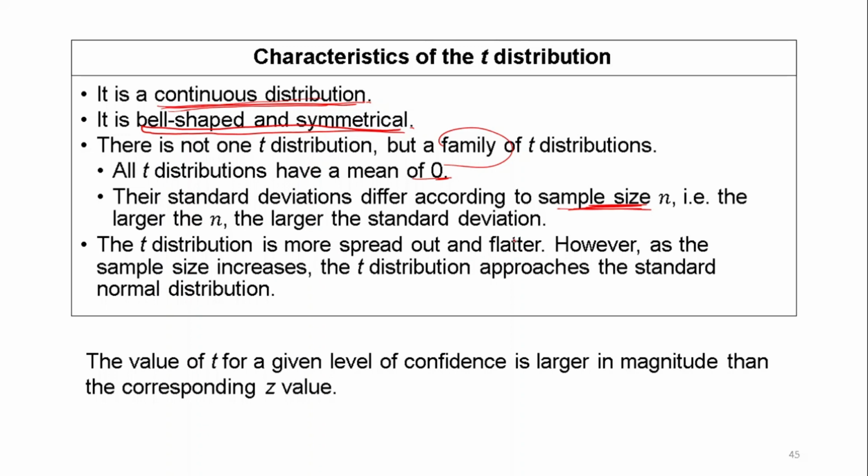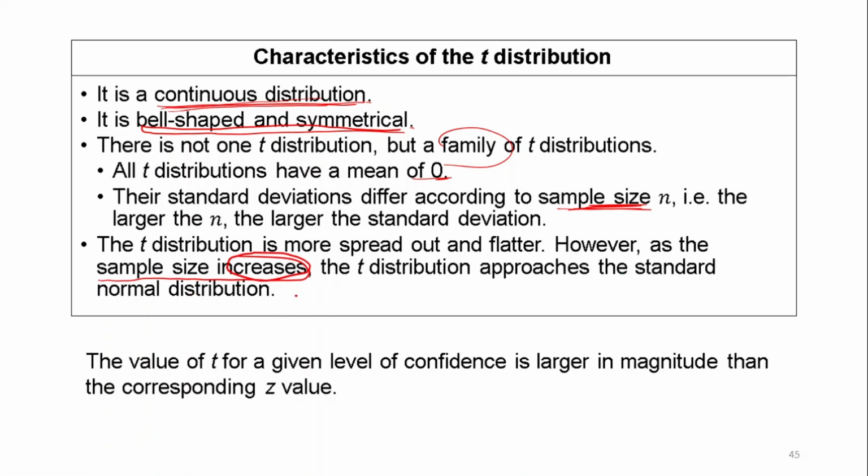Here we can see the distribution compared to the Z distribution; the T distribution is more flat. However, as the sample size increases, the T distribution approaches the standard normal distribution.